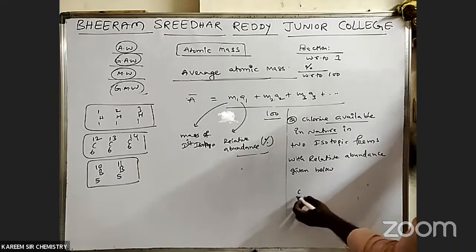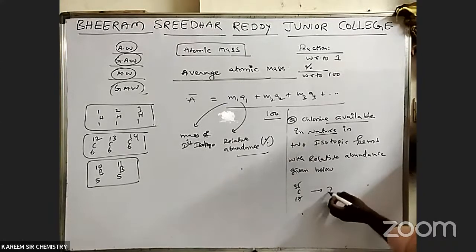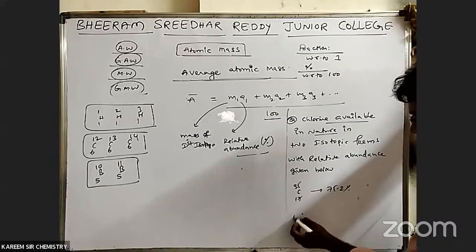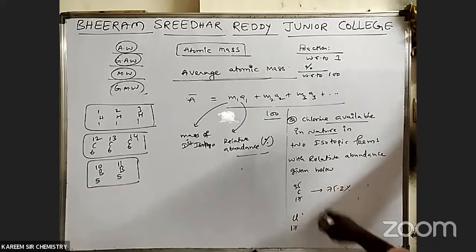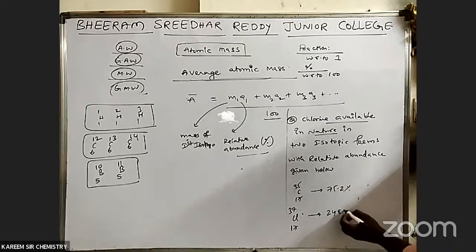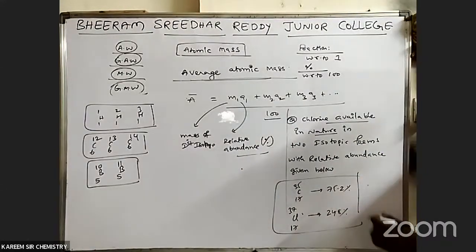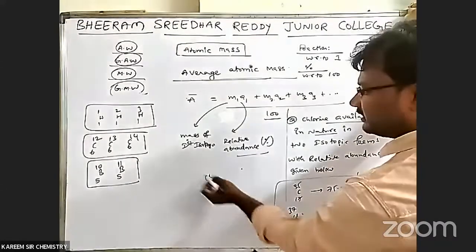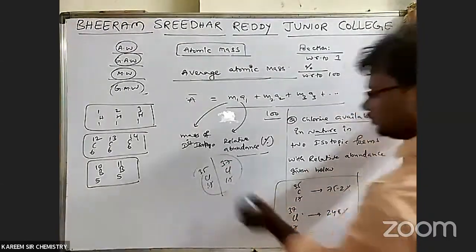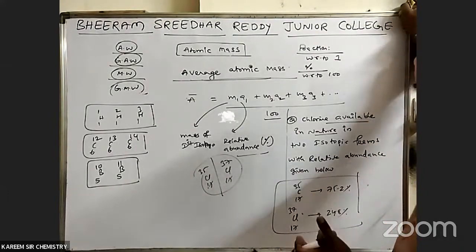See here, chlorine with atomic number 17 and mass number 35 is available at 75.2 percent, and chlorine with atomic number 17 and mass number 37 is available in nature at 24.8%. So these are the two isotopes, chlorine-35 and chlorine-37, present in nature for the chlorine atom.